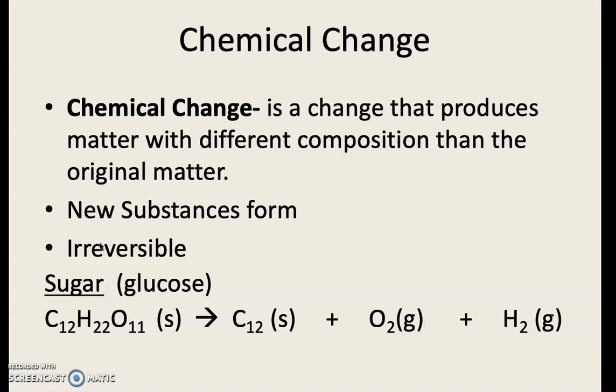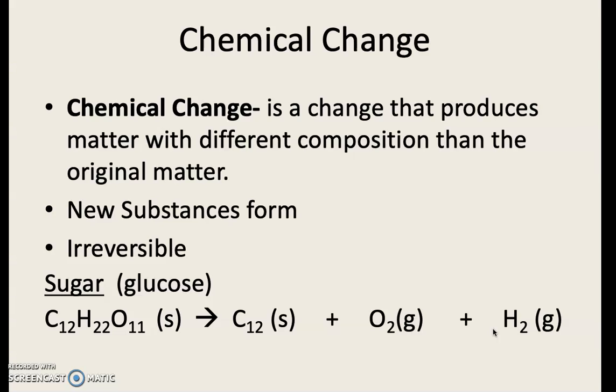Okay, let's take sugar, decomposition of sugar. Now this could be done a few different ways. You can add sulfuric acid, or you can heat it. So what happens to sugar is we have C12H22O11. You heat it up, or you can add sulfuric acid. It breaks down into three other elements. So this one molecule forms 1, 2, 3 elements.